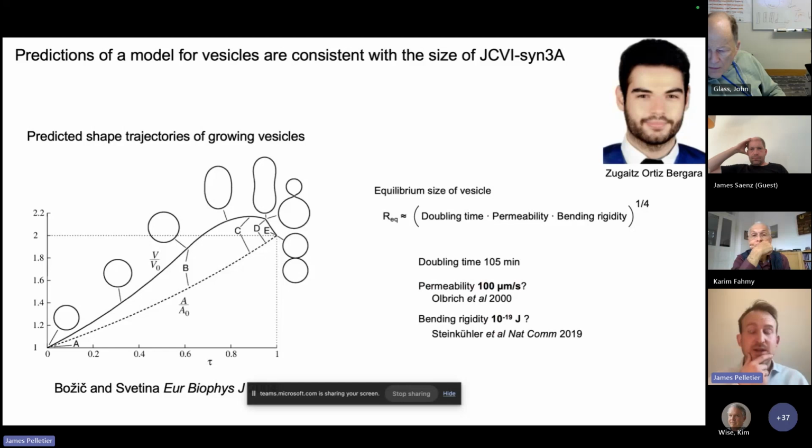James Sayens has done experiments estimating the membrane permeability to fluorescein diacetate, and I'm curious how that relates to the membrane permeability to water. And this value of the bending rigidity is very common for biological membranes. If we plug these values in, we get a radius which is comparable to the actual cell size of JCVI-syn3A. So we're interested currently in testing these quantitative models and relating them to the cell division process.